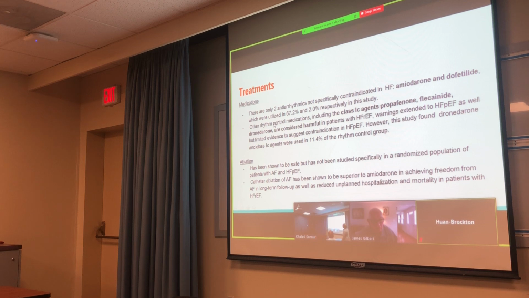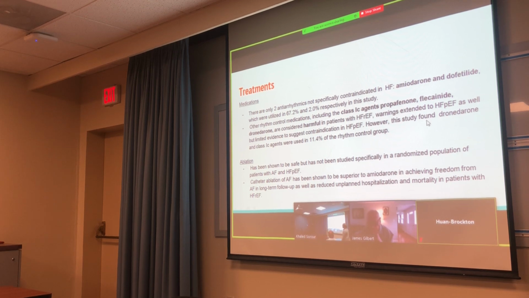Other rhythm control medications such as the 1C agents, propafenone, flecainide, and dronedarone, are considered harmful in patients with HFrEF, so reduced ejection fraction, but these warnings have been extended to patients with HFpEF as well. But there are limited studies showing that that is a legitimate extension of the warning.